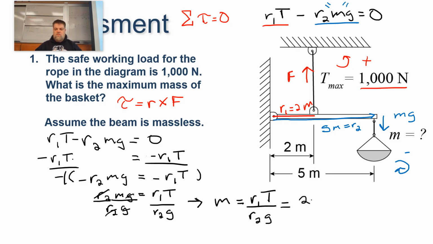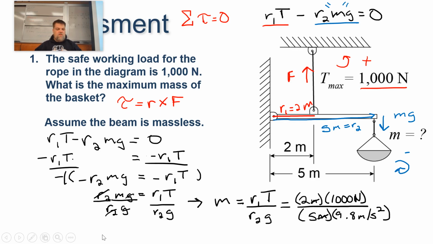R1 is 2 meters times the tension, which is 1,000 newtons, divided by R2, which is 5 meters, times the acceleration due to gravity, which is 9.8 meters per second squared. These meters cancel with these meters, and we're going to have some wonky stuff. Let's do the math on that.